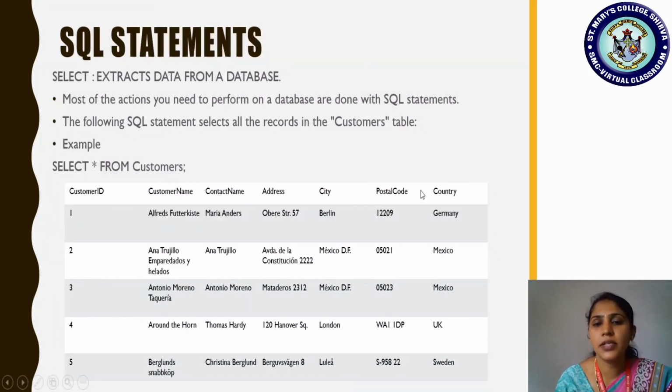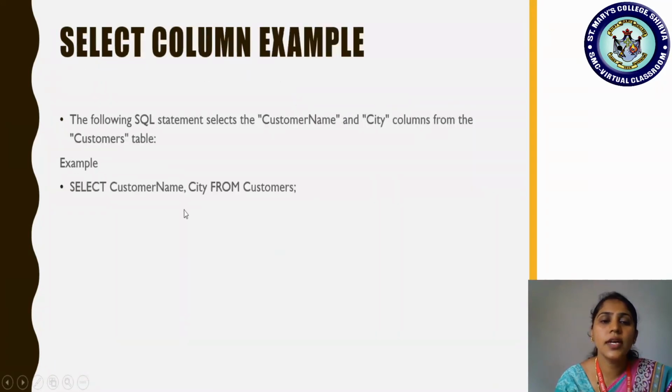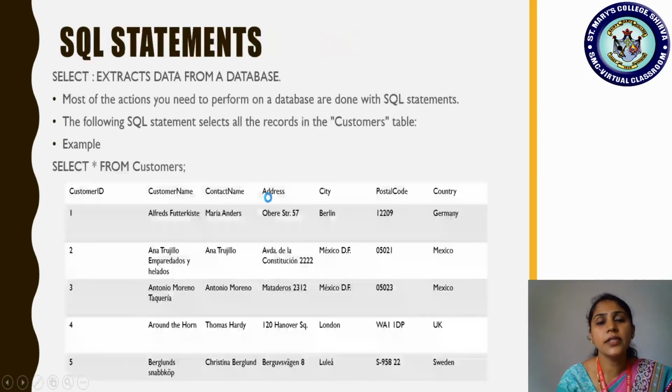Select star from customers. If you don't want to view all the columns, you can restrict which columns you want to view. So it is done like this. Select customer name, comma, city. Only these two attributes from which table, customer. So when you execute this particular statement, only the customer name column, that is this one, all the 5 customer names along with which one?